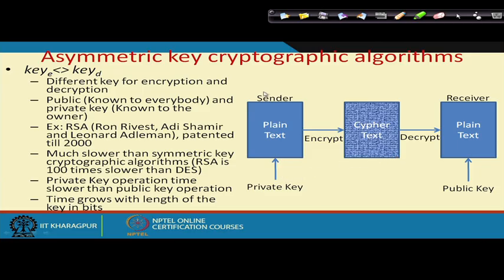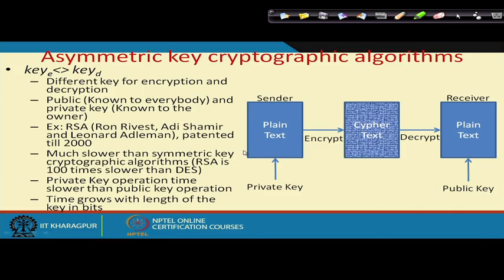First of all, the sender will send plain text encrypted by its private key. The keys are generated in such a manner that if something is encrypted with any one of these keys, then using the other one it can be decrypted.